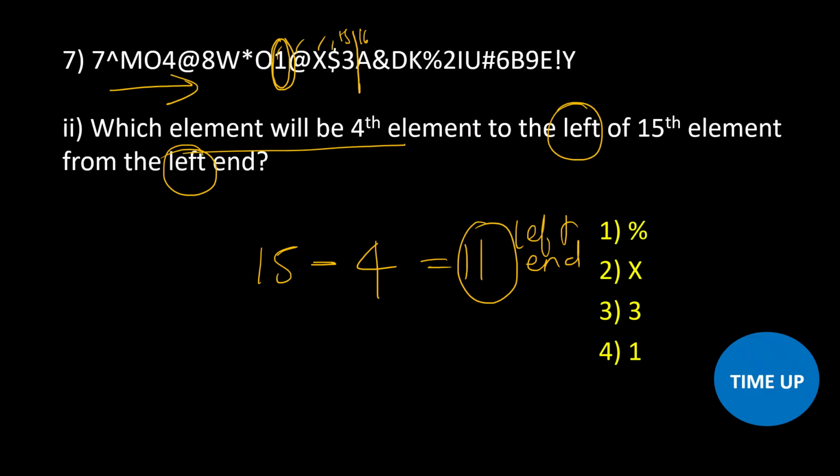After interchanging. Okay, interchanging is not mentioned in the question, right? So 1 will be the answer. Interchanging is not given to you. So the 11th from the left end is 1.